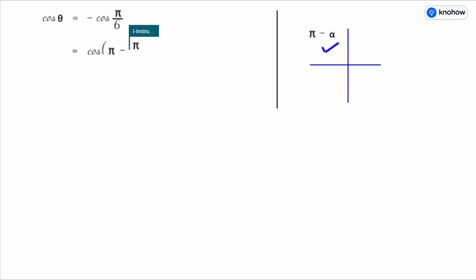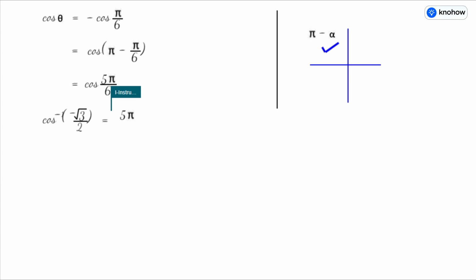You know cos of 180 minus alpha is minus cos alpha. And of course 5 pi by 6, or 150 degrees, lies in the principal value branch. So finally we may conclude that cos inverse of negative root 3 by 2 is 5 pi by 6.